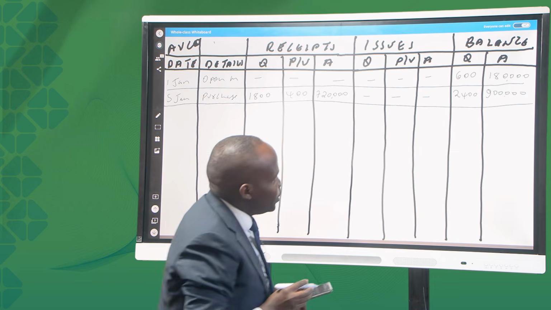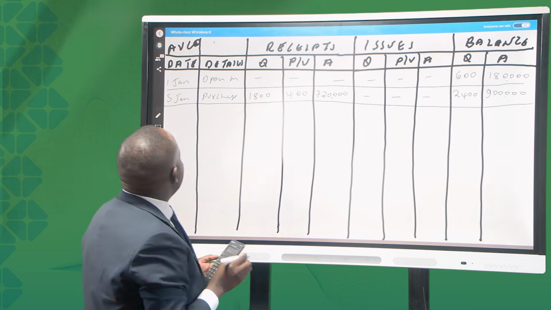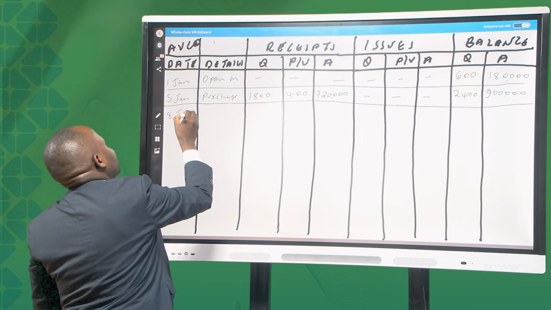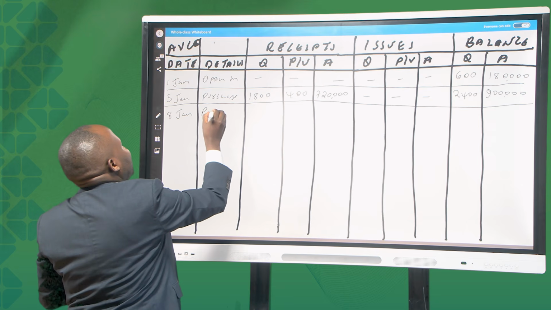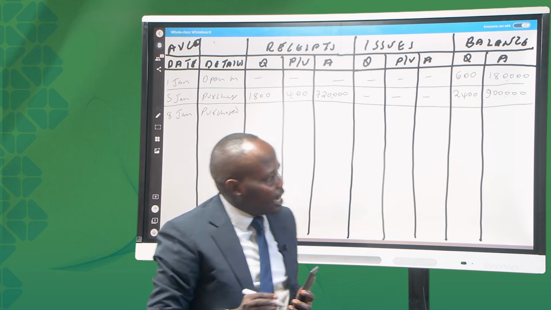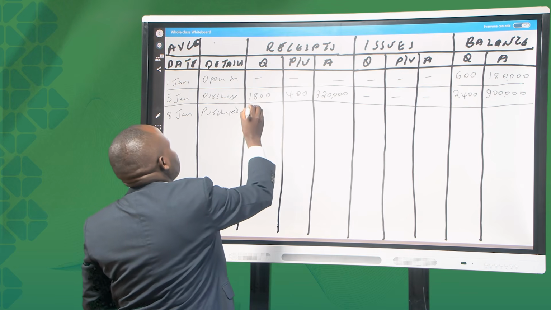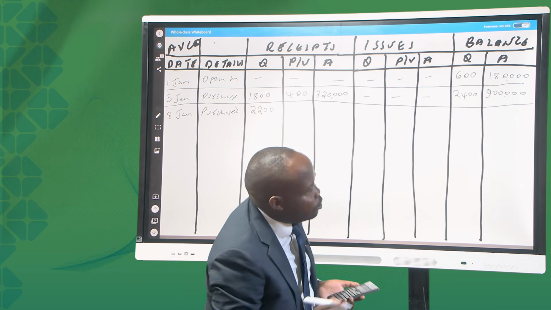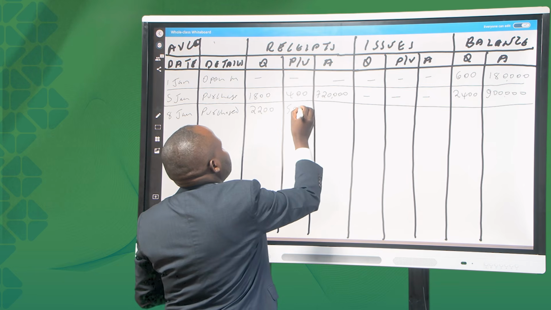And then we go to the next date, 8th January. Again we purchased. On 8th January, we purchased 2,200 at a price of 500.